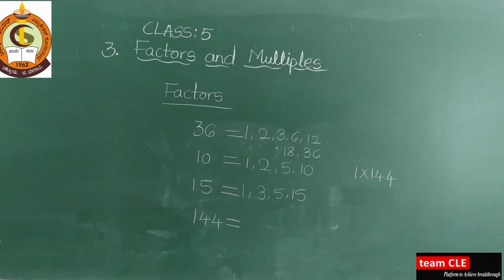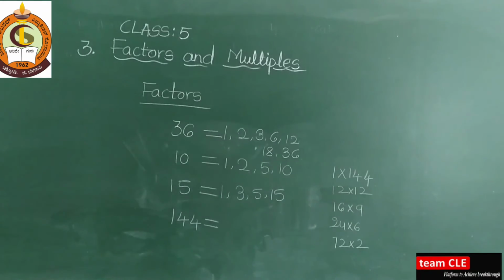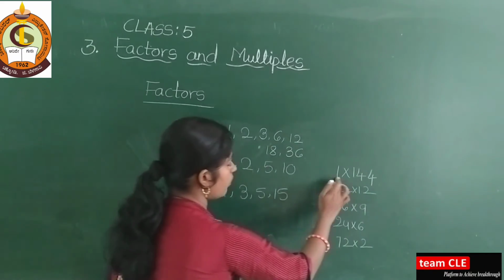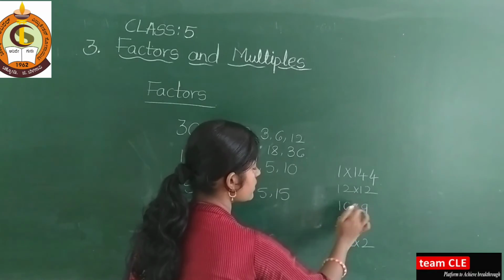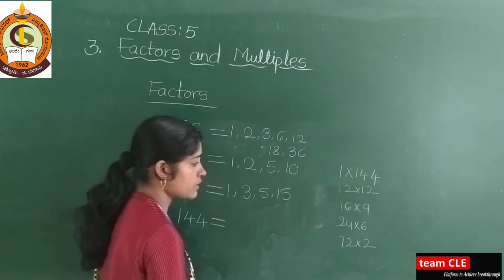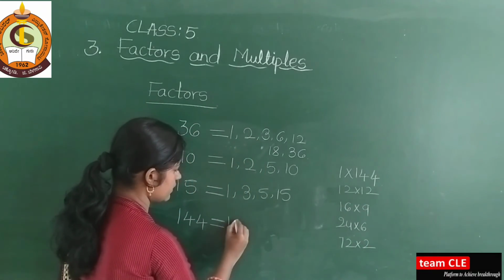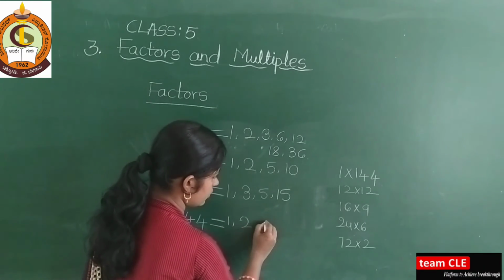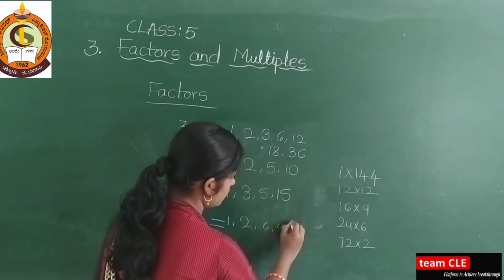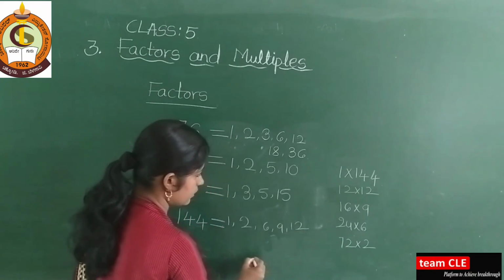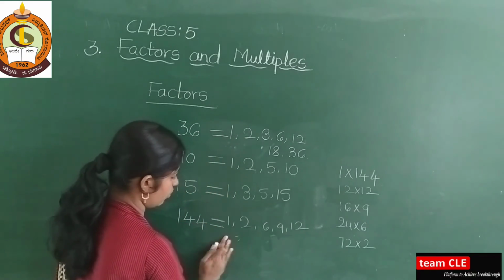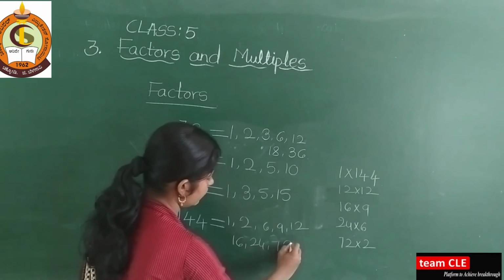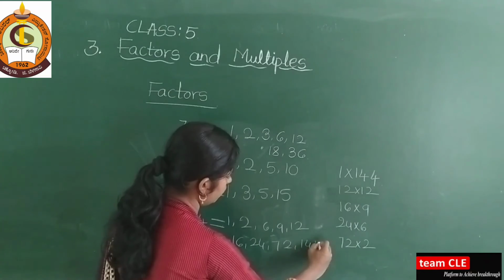So here 144 is 12 12s, 9 16s, 6 24s, 2 72s. Let us arrange them in ascending order: 1, 2, next 6, 9, 12, next 16, 24, 72, next 144.